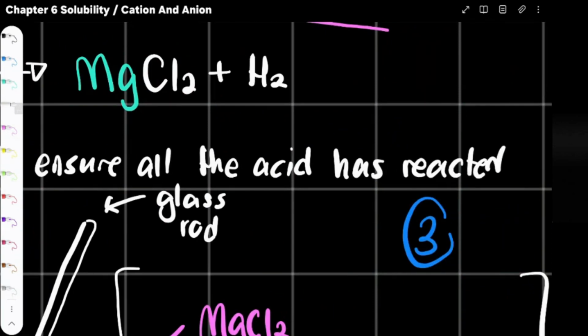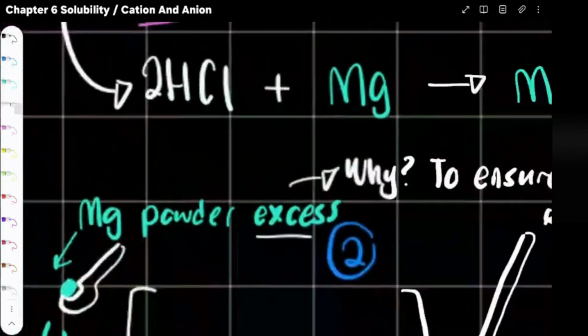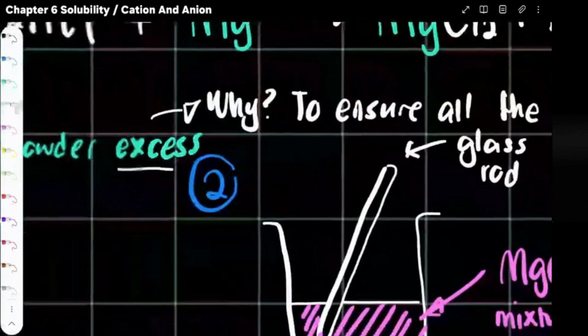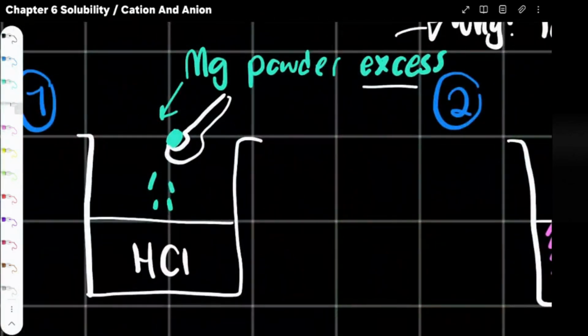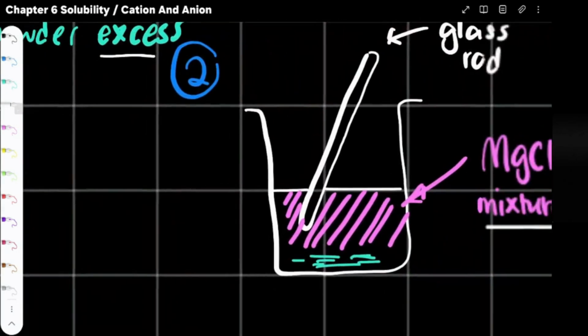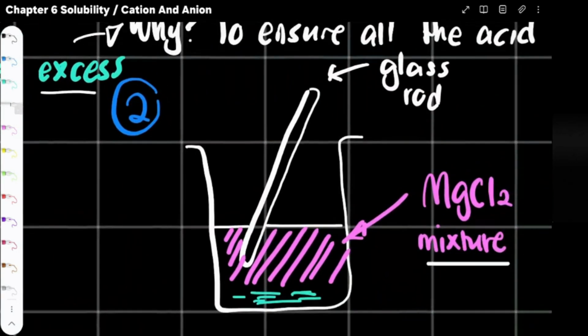My English grammar is not good. So you have to use excess amount of magnesium powder so that you will guarantee that there's no longer any excess acid left over. Simple common sense, right? So that's why you have to use excess. And of course if you use excess, you probably are going to have some extra bit down there, right? So you already know what I'm going to say, right?